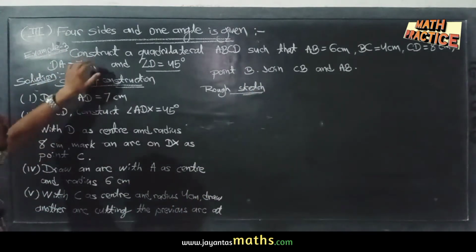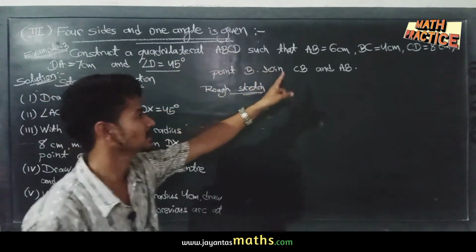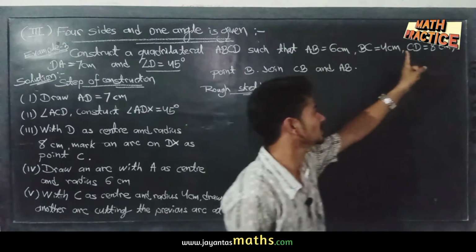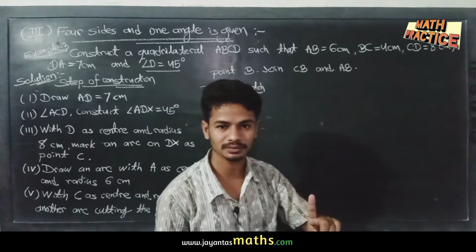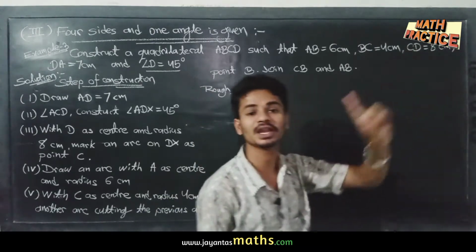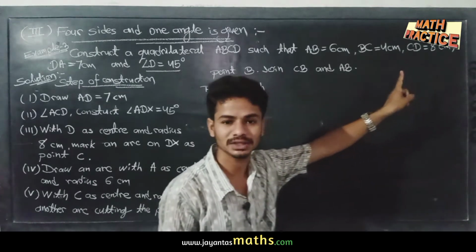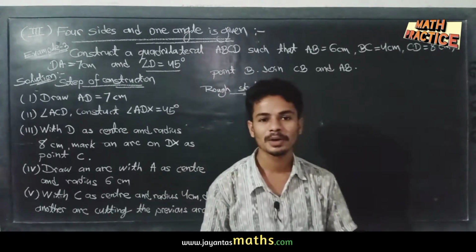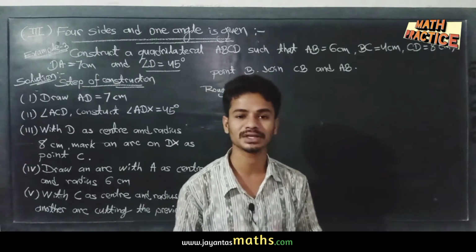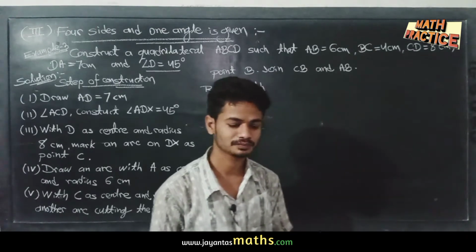Example third. Construct a quadrilateral ABCD such that AB is equal to 6 cm, BC is equal to 4 cm, CD is equal to 8 cm. But remember, in our book CD is given as 11 cm, but here I changed it to 8 cm, because my compass does not enlarge to 11 cm.